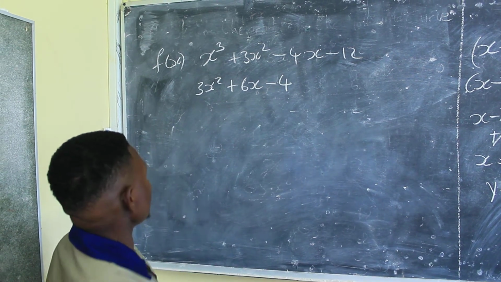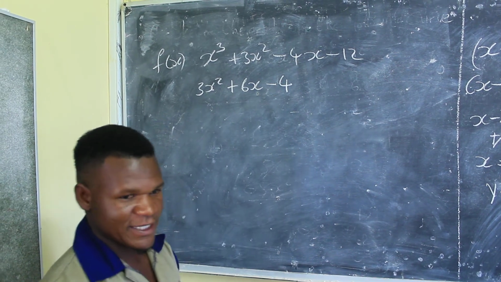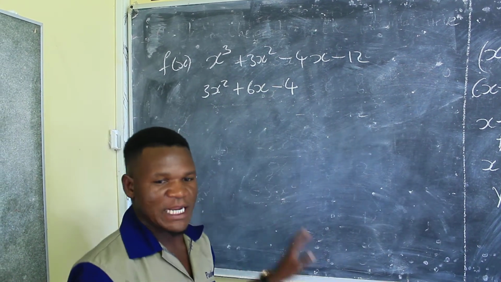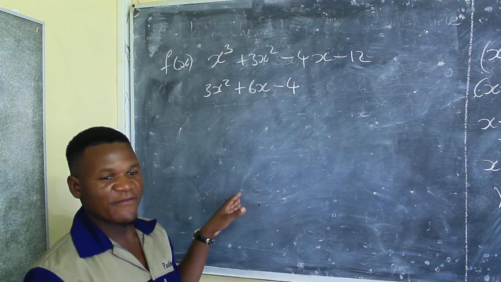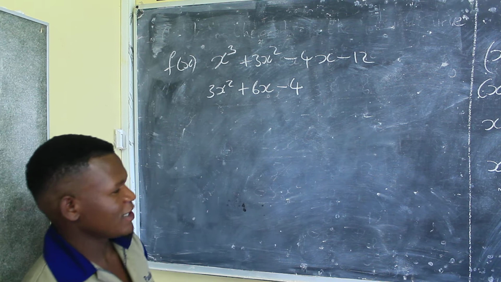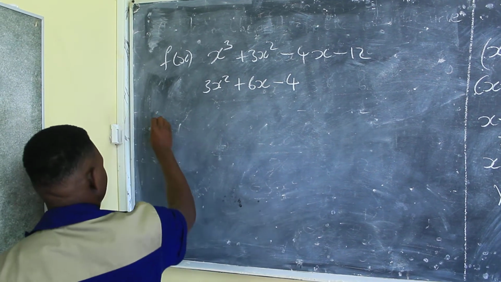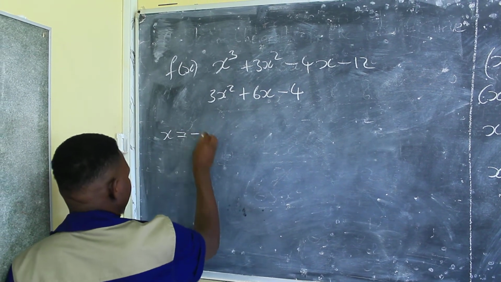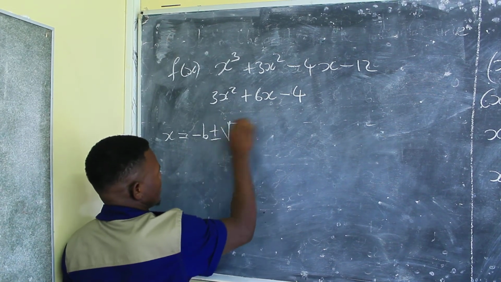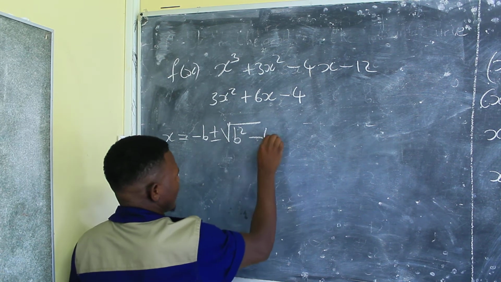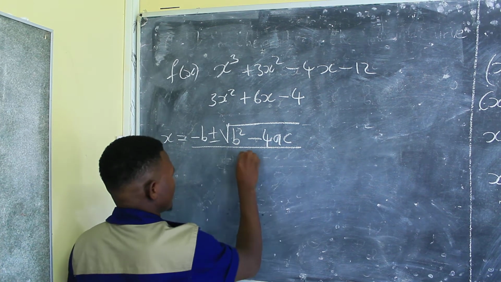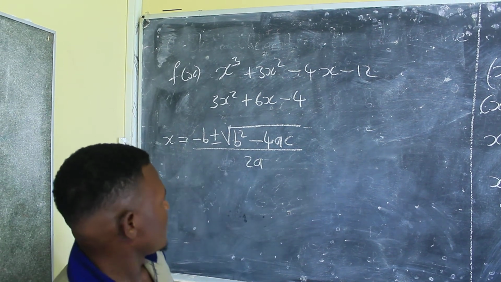Now it's in the form of a quadratic. What is next? I introduce the quadratic formula for me to get the values of x. I bring in the quadratic formula and it goes like this: x equals minus b plus or minus the square root of b squared minus 4ac, all over 2a.